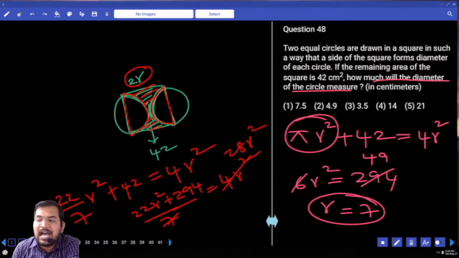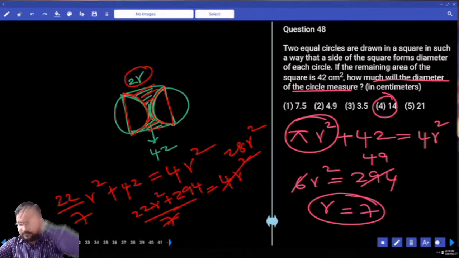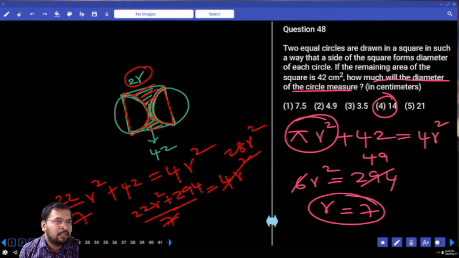They are not asking R, they are asking 2r diameter. Are you understood nana? ఆ డయాగ్రామ్ కింద మీరు డ్రా చేయగలిగారంటే ఆన్సర్ వచ్చినట్టే. Shall I go for the next question?